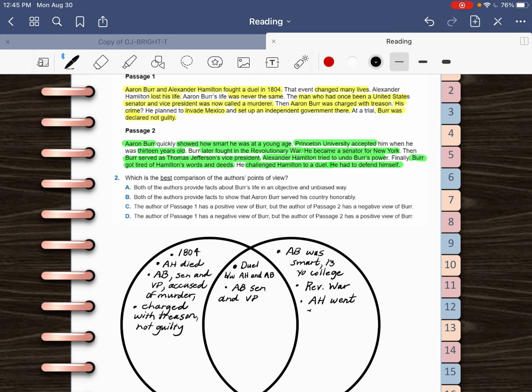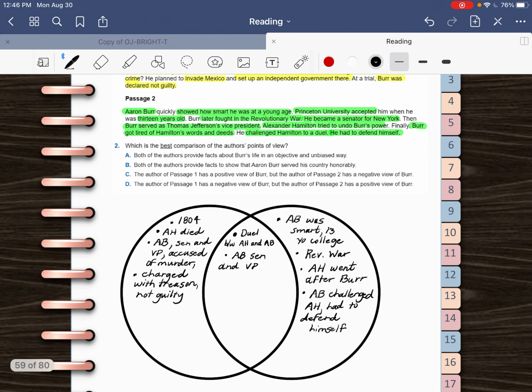So this says that Alexander Hamilton went after Burr. He challenged Burr. Burr got tired of it. He challenged Hamilton to a duel. And had to defend himself. So this passage does not suggest that Burr was a murderer. This passage explains it as Burr had to defend himself.